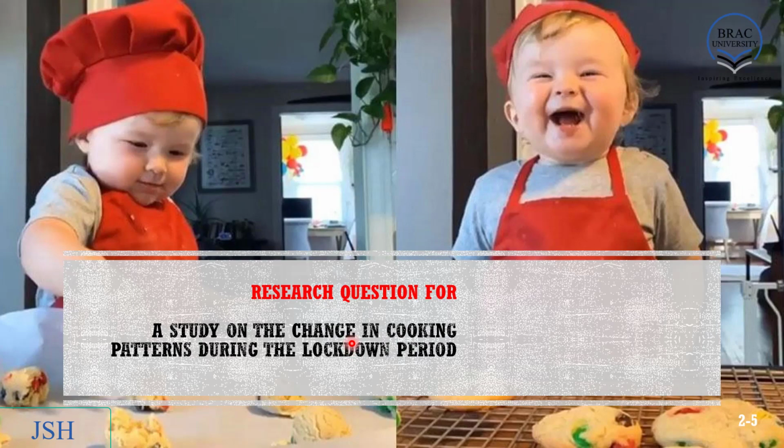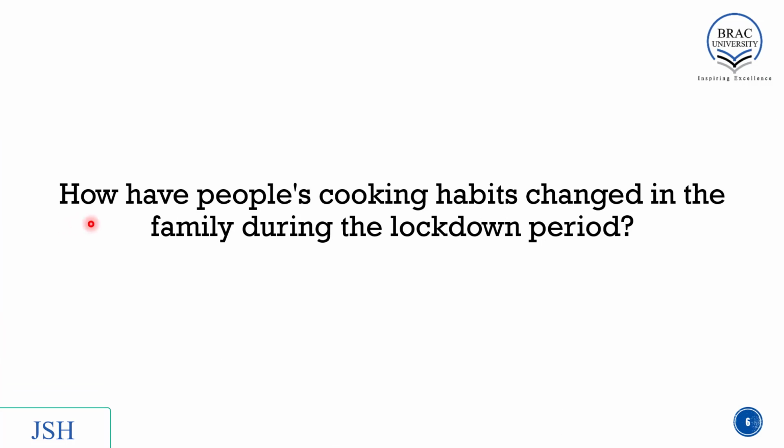Now, the research question for this topic might be something like this. How have people's cooking habits changed in the family during the lockdown period? So this is the main question that I am trying to solve or trying to find an answer to when doing my 3-month long research project, right?